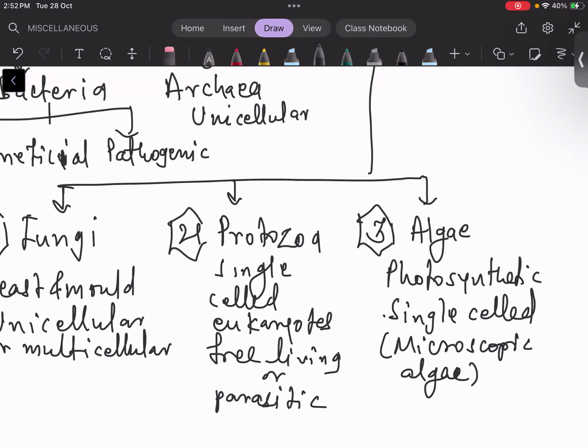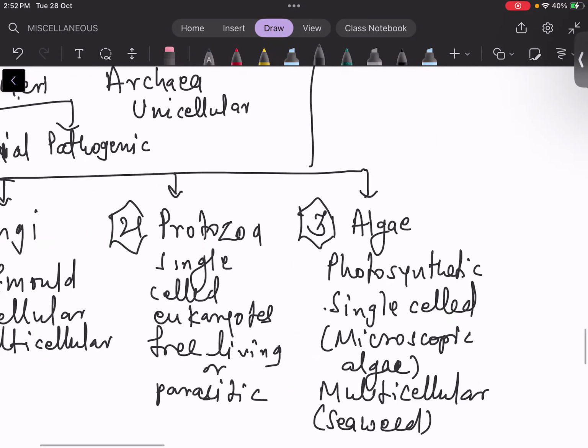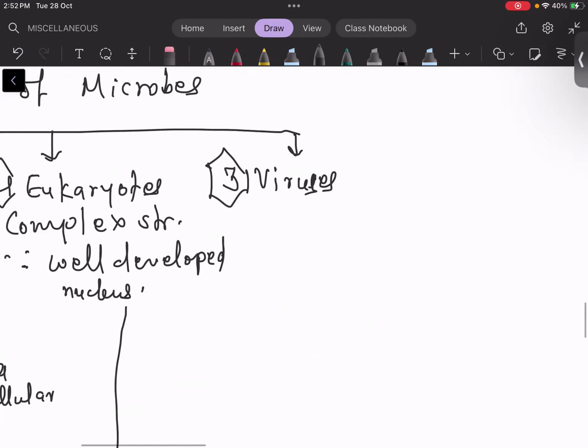Some may be multicellular, for example, seaweed.